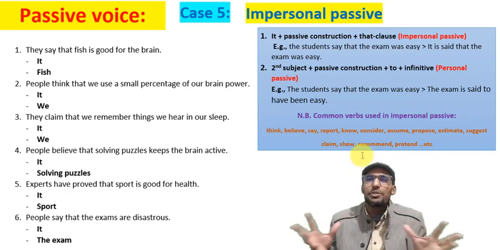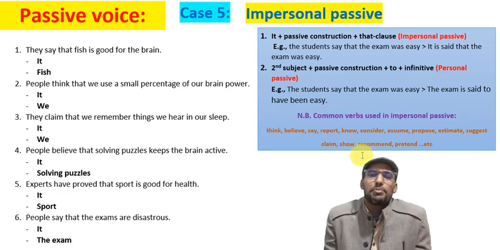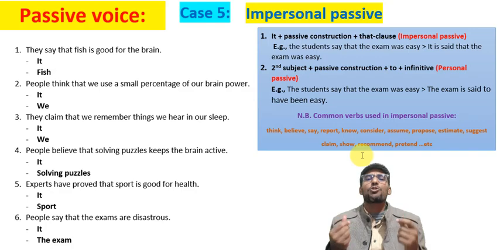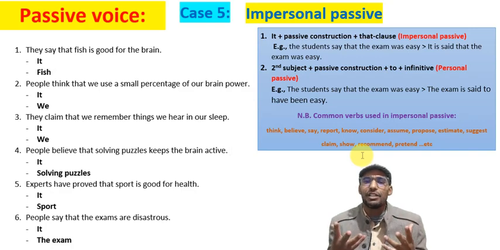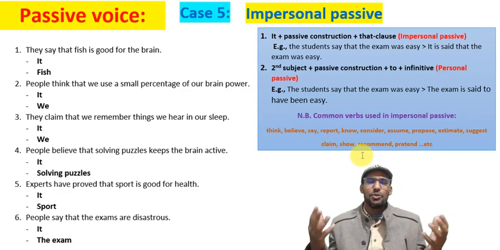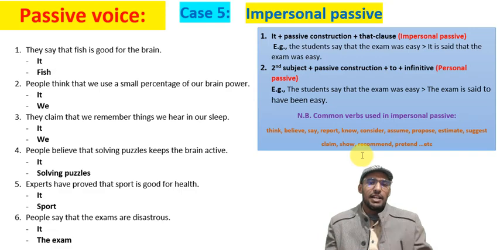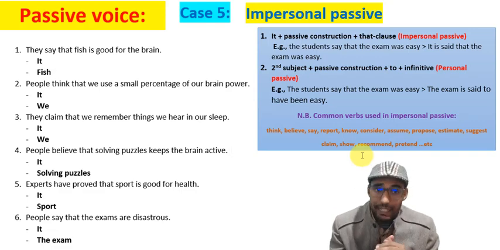So these are mostly verbs that we use in the impersonal passive, which actually weakens the strength of the news in general. These are some kind of allegations. We don't have any proof whether the news is true or fake.